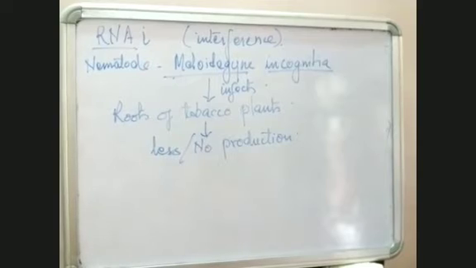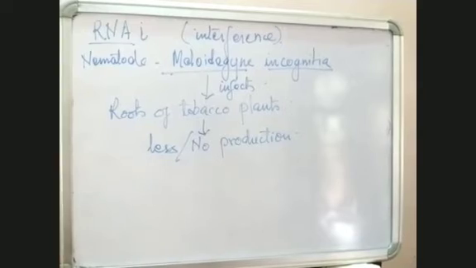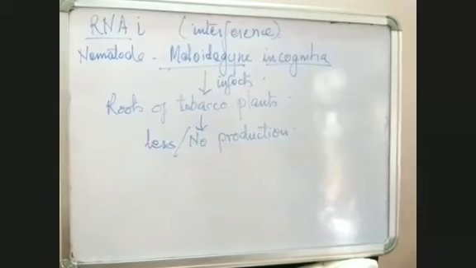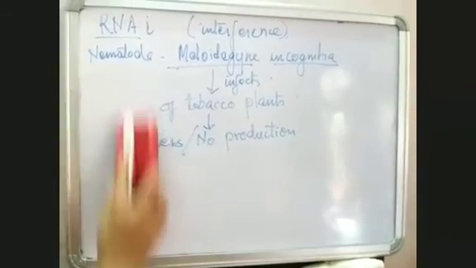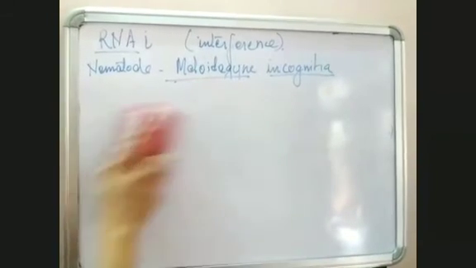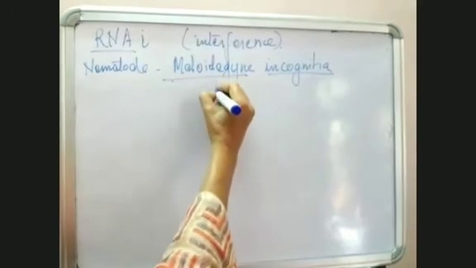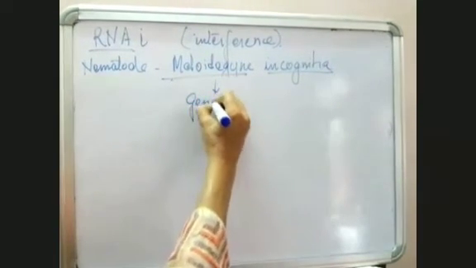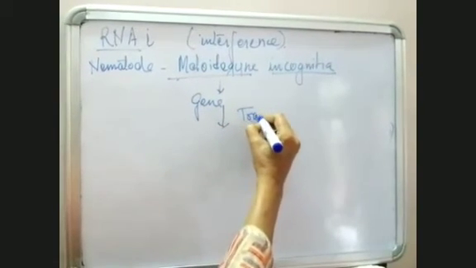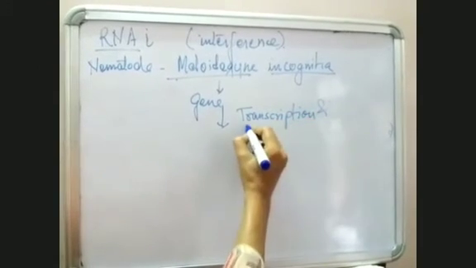Now what can be done so that this nematode does not infect the plant? For this, RNA interference was done. Now what happens in this case? This nematode Meloidogyne incognita normally has a gene in its body, and this gene undergoes the process of transcription and translation.